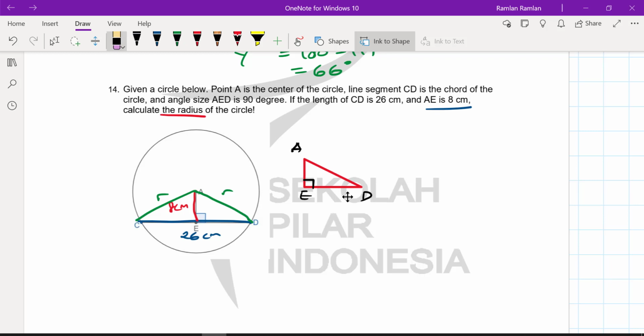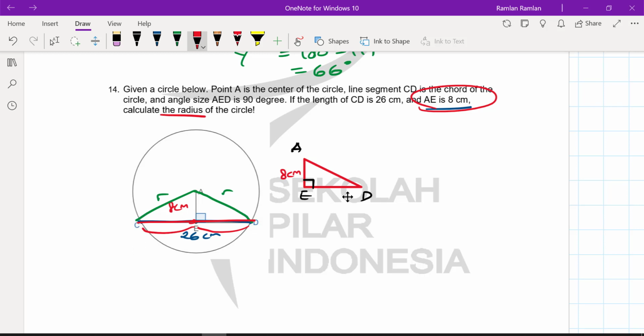So what do we know from here? I'm going to erase this, guys. Okay, and what do we know from this AED? The first one is that the length of AE is 8 centimeters, so just write 8 centimeters over here. This is AE. And the next thing we know is ED. As you can see, CD here is 26, and if this is a perpendicular, ED is going to be half of that.